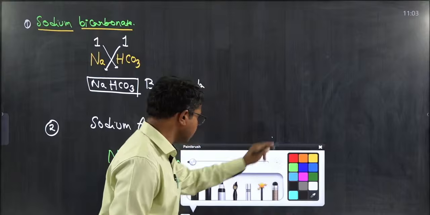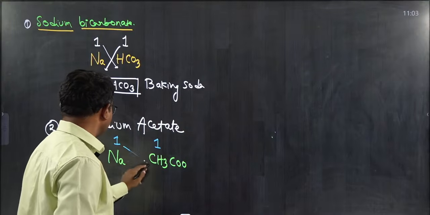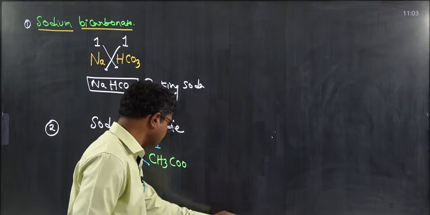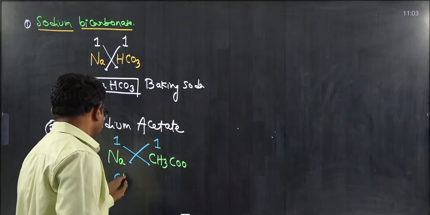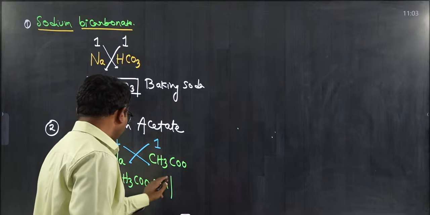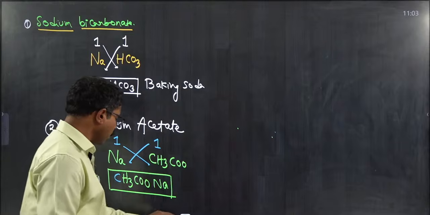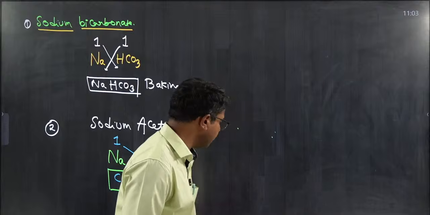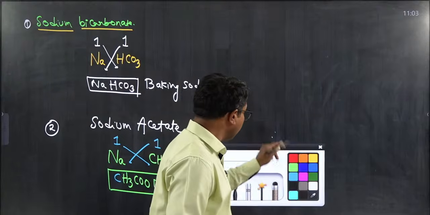And the valencies of sodium and acetate are respectively 1 and 1. We need to cross these valencies. If you cross the valency, formula can be written in this way, CH3COONa, very important compound in organic chemistry. The formula of the compound sodium acetate is CH3COONa. Next compound, lead acetate.